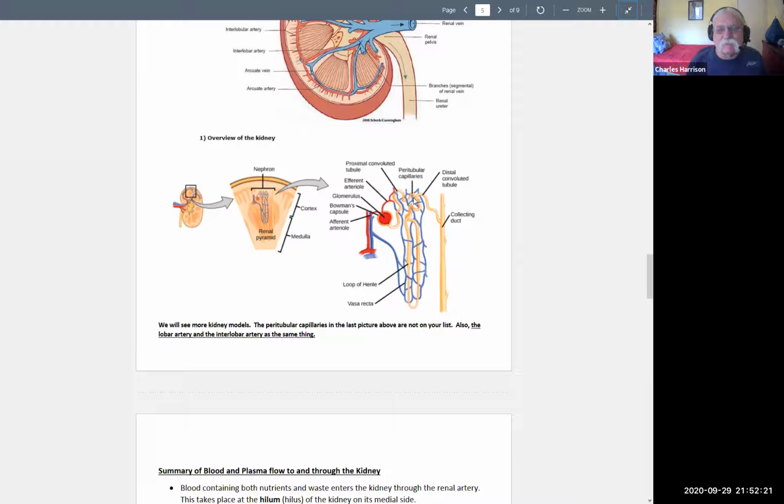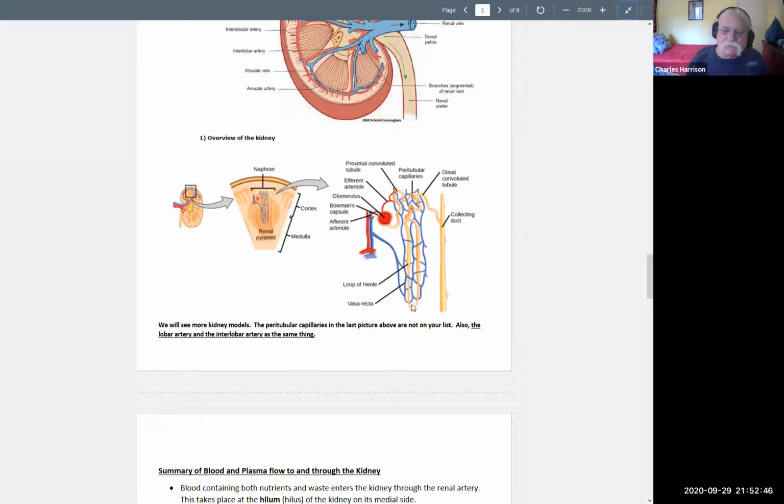I have a better picture in a moment. And then it flows down the descending loop of Henle and up the ascending loop of Henle to the distal convoluted tubule. And all the time it's moving, the plasma is moving through here.